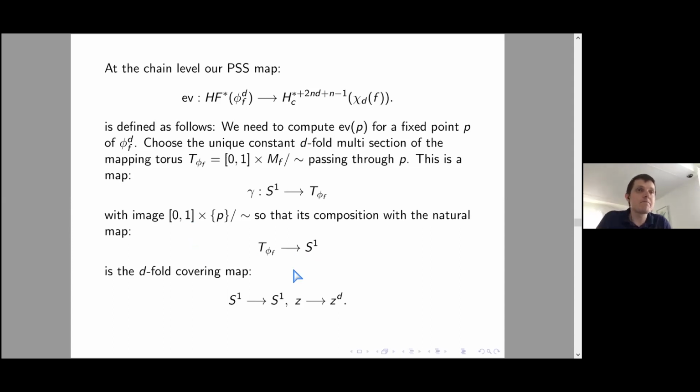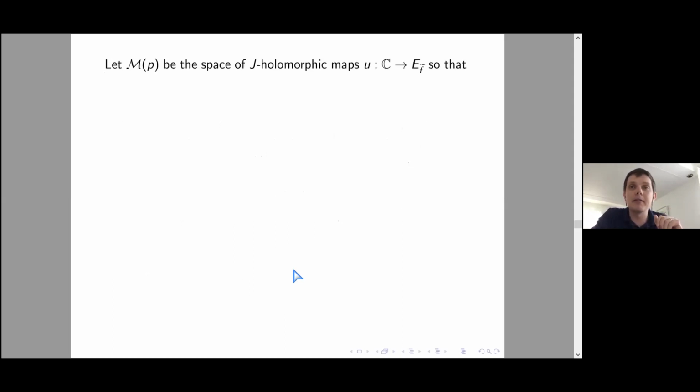Okay, so that's the orbit I'm interested in, and I want to know what the PSS map is doing with this orbit. So now I need a moduli space, and I'm going to look at the moduli space of holomorphic maps from the complex plane to my space EF tilde. Sorry, I think I wrote E tilde F, and I really meant EF tilde.